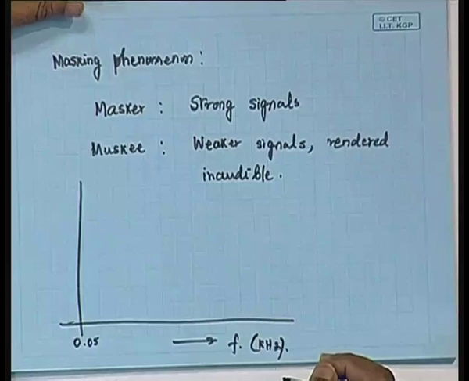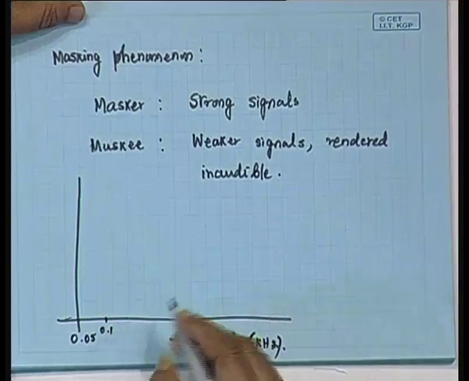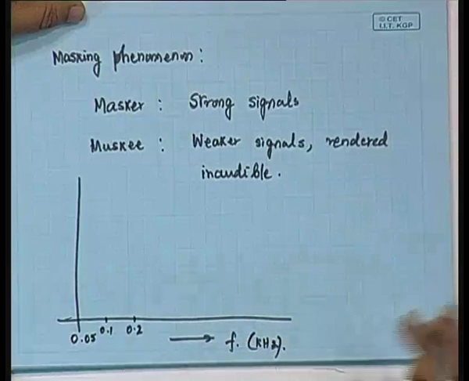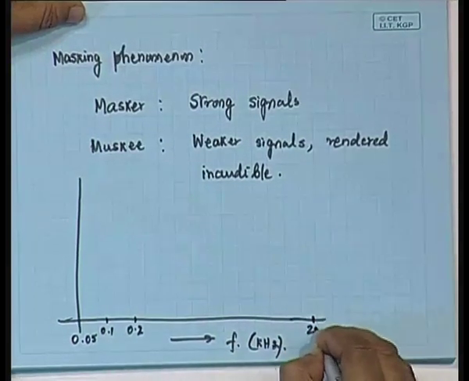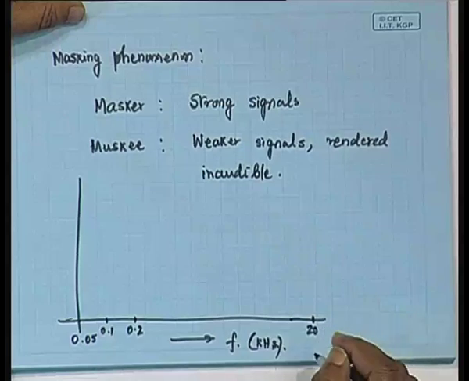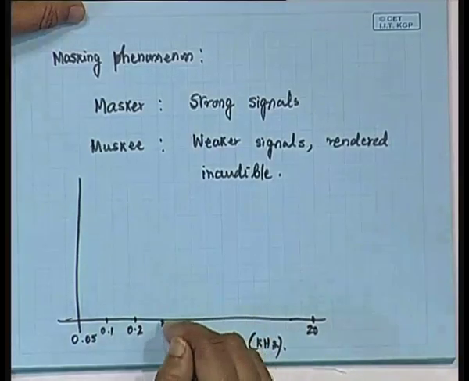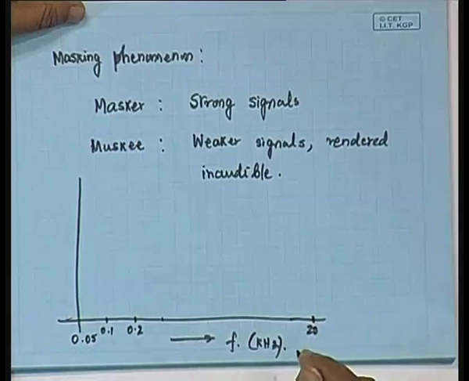So 0.05 kilohertz means 50 hertz roughly, then the next is 0.1, and the next division is 0.2. So it is used in a logarithmic scale up to 20 kilohertz. The next division will be 0.4, or let us say here I take 0.5 kilohertz.